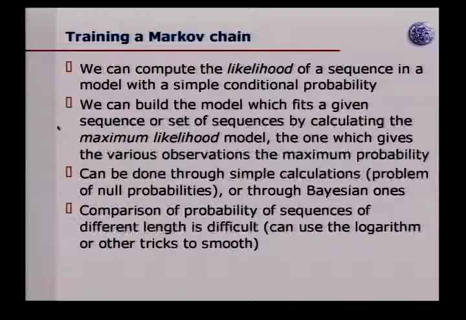This can be done simply or through a Bayesian calculation. The simple calculation is what you will do normally for training Markovian models. What can be discovered in a very brief time if you experiment with this is that transitions that have never been observed have null probabilities, so they will be transitions without an arc in your resulting Markov model.